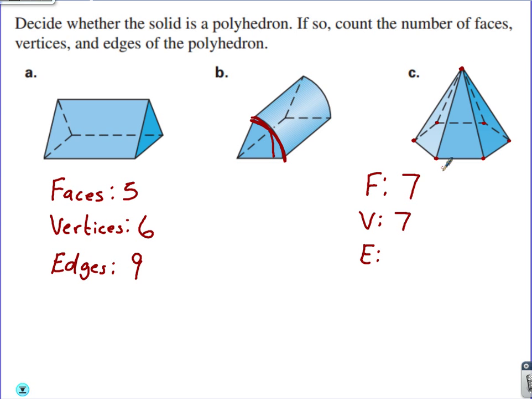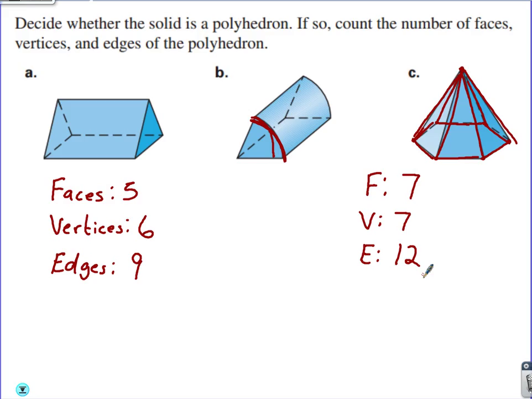You got 1, 2, 3, 4, 5, 6 on bottom, right? You've got 7, 8, 9, 10, 11. I got 12. 12. There you go.